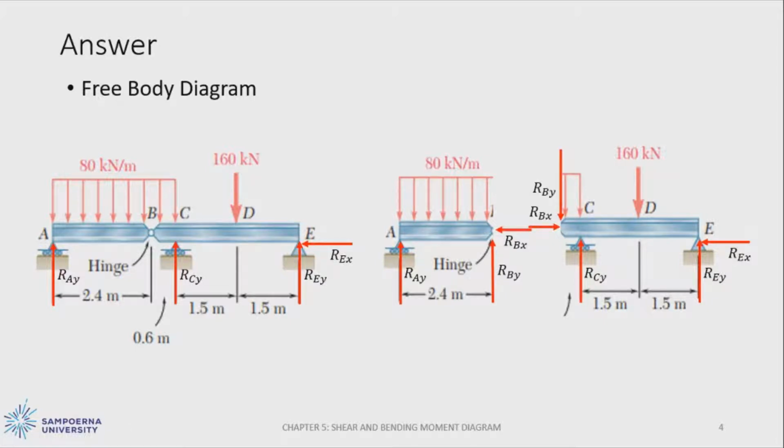And also, because of the hinge at point B, we have a reaction forces at point B. The reaction forces is acting like a pin, where there is a reaction in x-axis and y-axis. But for this case, because there is no external forces acting on x direction, we can assume the reaction at x direction is equal to 0.